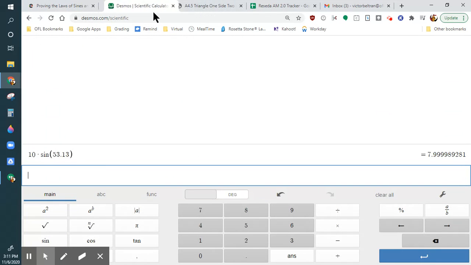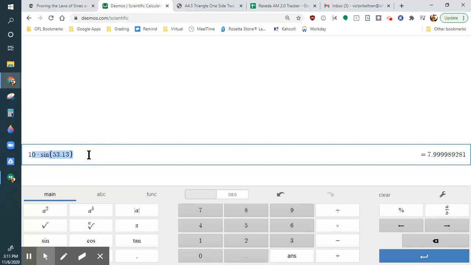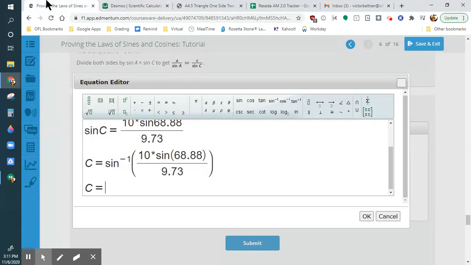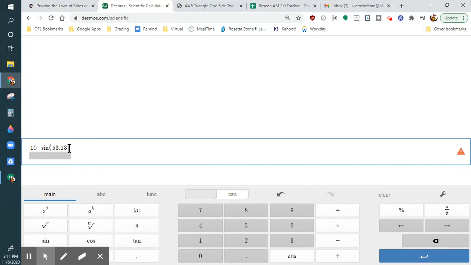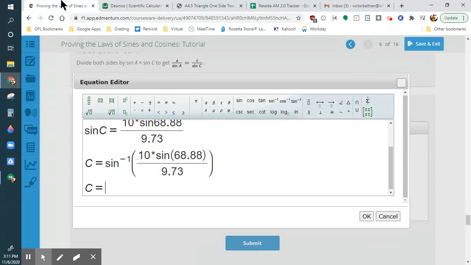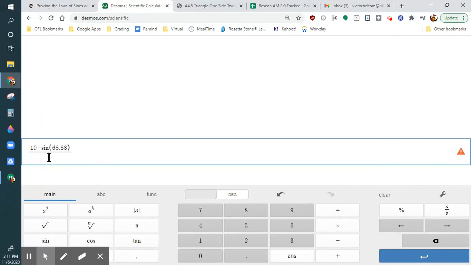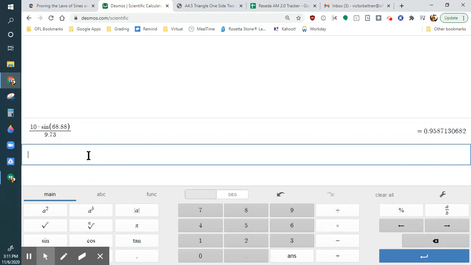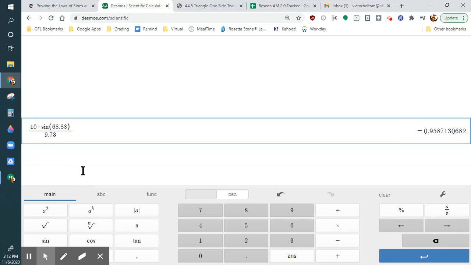So that, and you're going to divide all this by 68.88. And we're going to divide all this by 9.73. Hit the enter button. Oh, sine inverse. I almost forgot the sine inverse part.